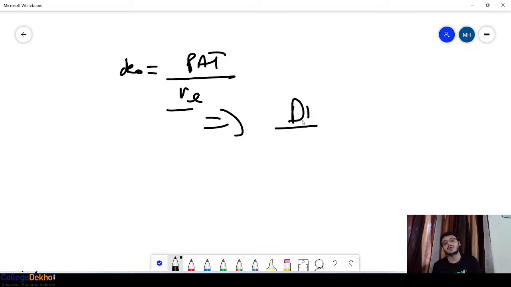That is, you have to calculate the growth rate, that is the future amount of dividend, by using the growth rate and the cost of equity. Since we are calculating the cost of equity, we'll be using KE equals D1 by P0, where P0 is the current price, plus the growth rate.